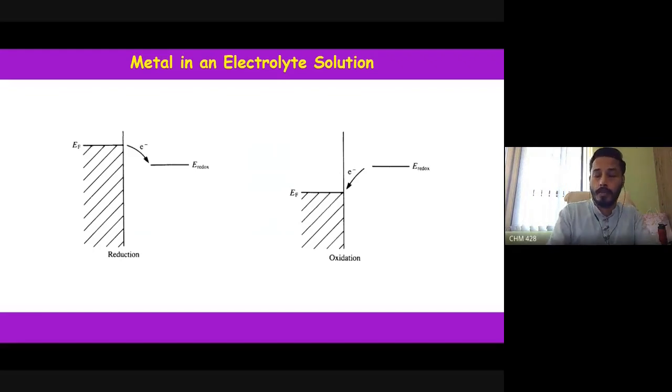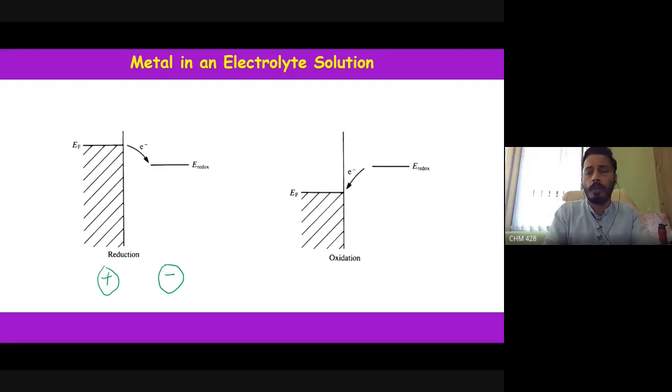What will happen under such circumstances if you dip the electrode into the solution? Electrons will flow from the metal to the solution phase. What is the consequence of that? Your metal will get a positive charge and your solution will acquire a negative charge.